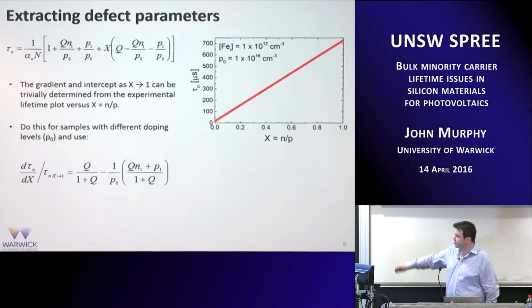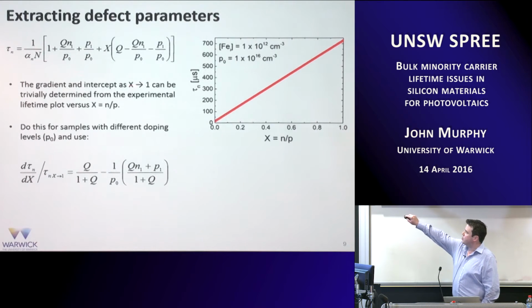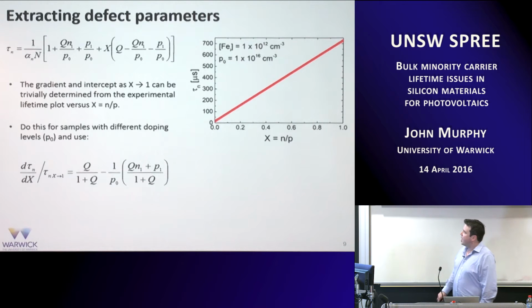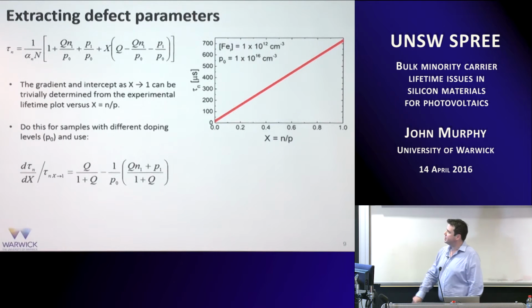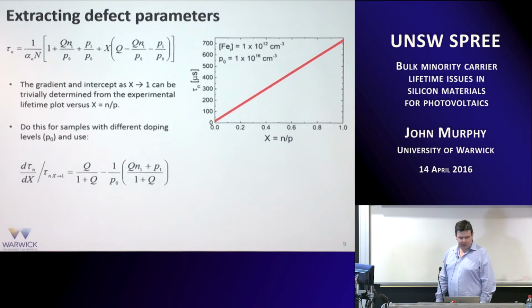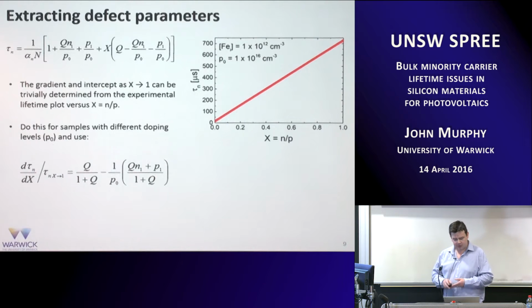And so this is the equation from the previous slide. It has a lifetime equaling some term which is independent of injection plus an injection term multiplied by another term. And so a single Shockley-Read-Hall defect gives you a straight line on this plot. The neat thing though is that you can use this really easily to extract the defect parameters of a system.